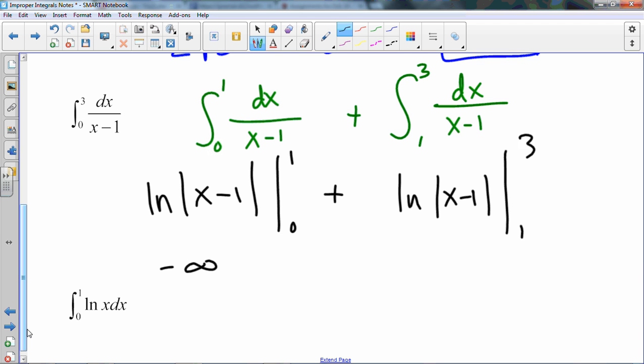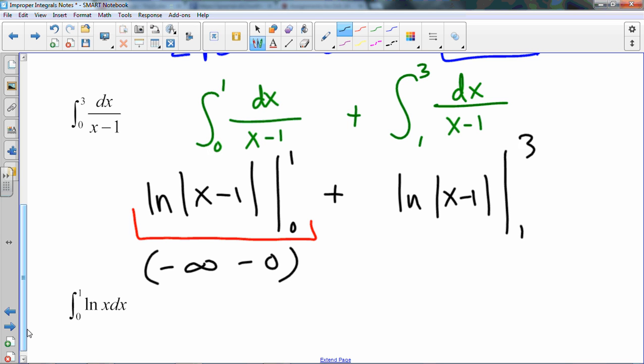Does it matter what else is happening in this problem? I'm going to tell you it kind of does. You need to make sure you don't end up with an indeterminate in the middle of evaluating your integral. So I'm just going to continue evaluating the first piece. When I plug the 0 in now, we're going to have the natural log of 0 minus 1. So that's the natural log of 1, which is 0.